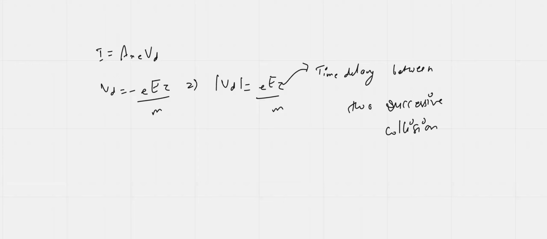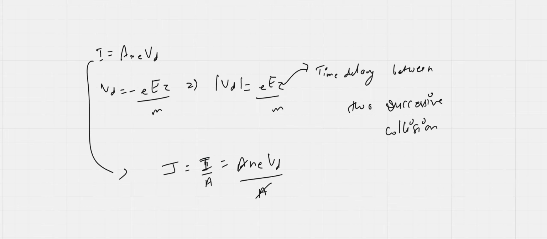If I ask you, Kirtana, what is the current density? You can simply say that current density is nothing but I by A, the current divided by the area. We have the relation I equals nAeVd, so you can say nAeVd divided by A. So the current density is also equal to neVd.